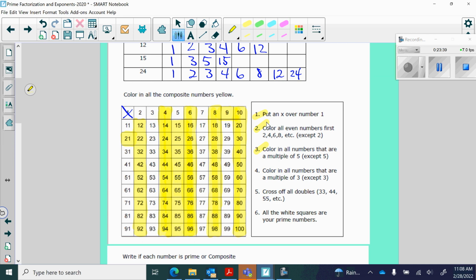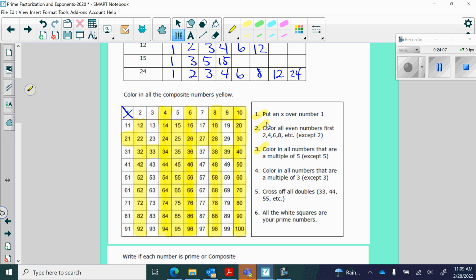That doesn't work. 2 plus 7, that's 9. So I cross 27 off, because when I add those digits together, I can divide that number evenly by 3. 2 and 9 is 11, so I can't do that. 3 and 1 is 4, nope. 3 plus 3 is 6, so 33 goes away. 3 plus 7 is 10, that doesn't work. 3 plus 9 is 12, that does, so I know I can cross out 39.